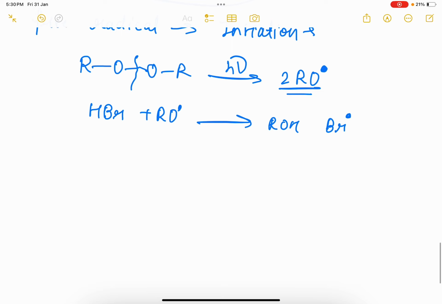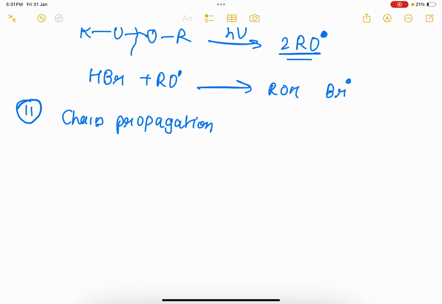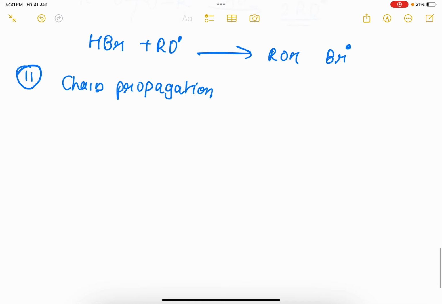After that, the second step is chain propagation, which provides us the major product of the reaction. In chain propagation, CH3 CH double bond CH2 reacts with Br free radical.